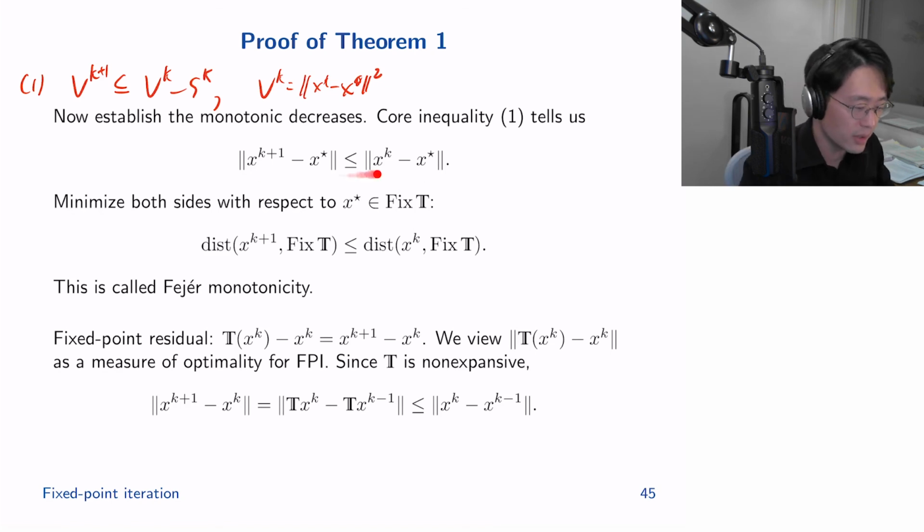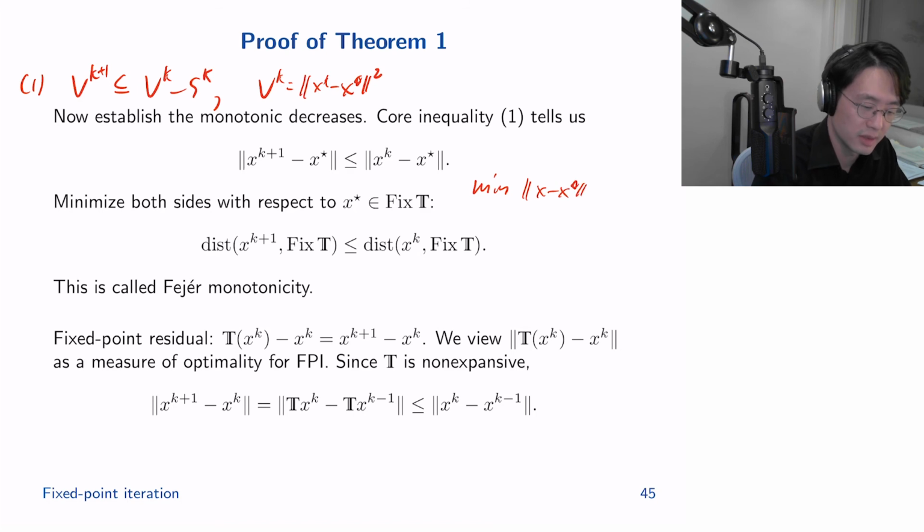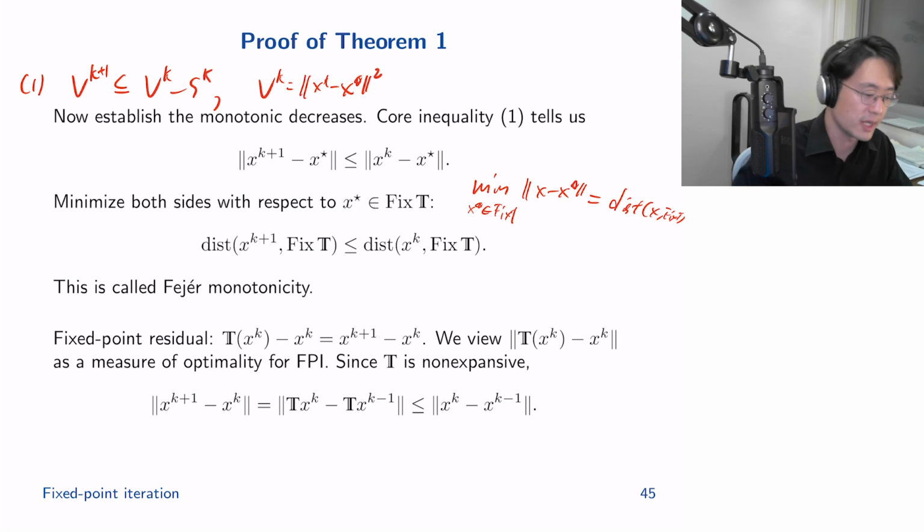Then we take this inequality, and since it holds for any fixed point x star, we minimize both sides with respect to the x stars within the fixed point set of T. The minimum of the norm of x minus x star, where x star is in the fixed point set of T, is by definition the distance of x to the fixed point set of T. Minimizing both sides, we get that the distance of xk plus 1 to the fixed point set is less than or equal to the distance of xk to the fixed point set.